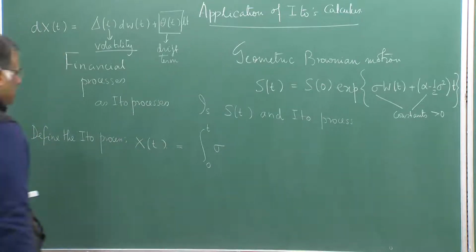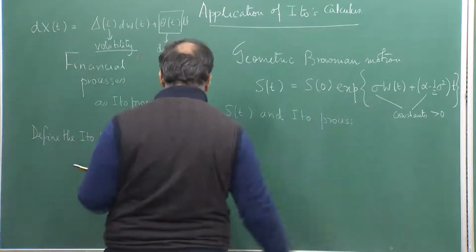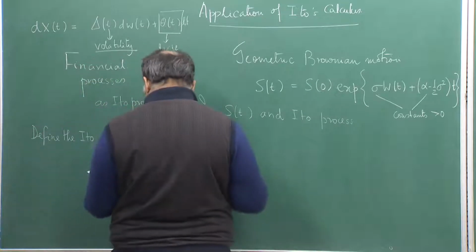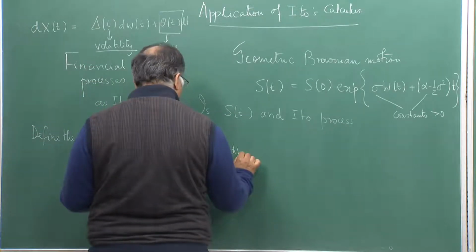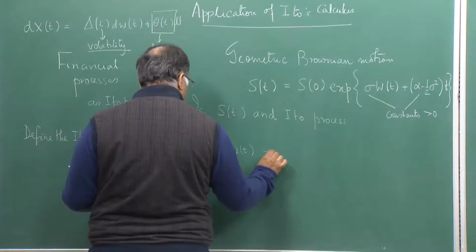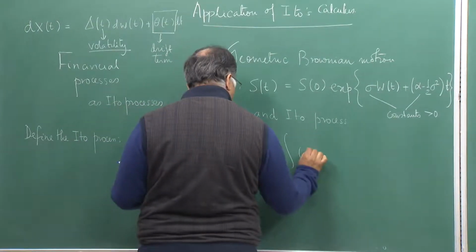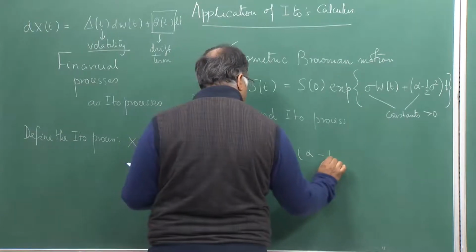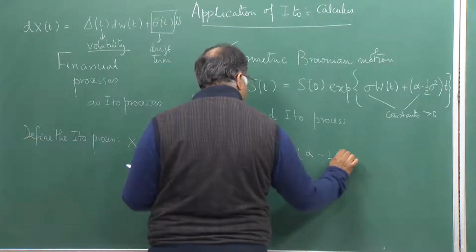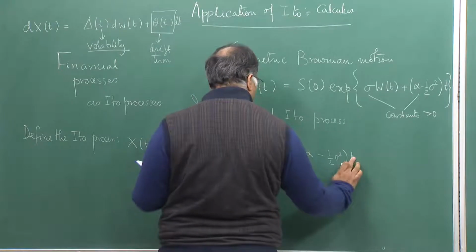Sigma is called the volatility, of course. So, X_t is the integral from 0 to t of sigma dW_t plus alpha minus half sigma squared dt.